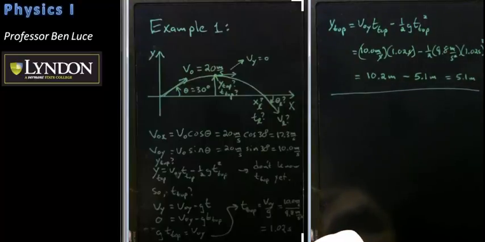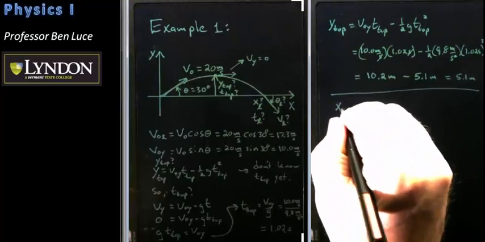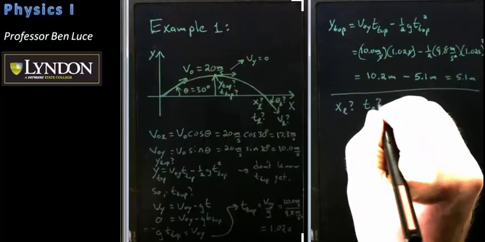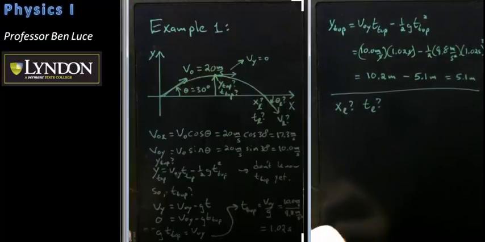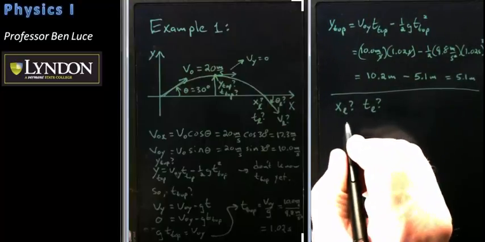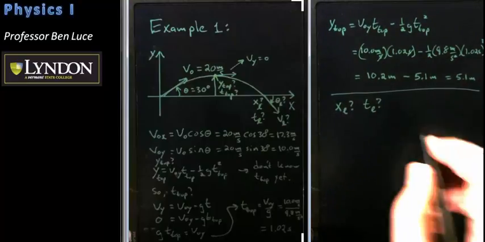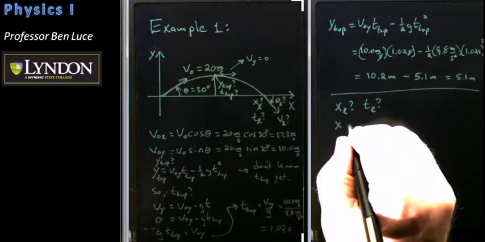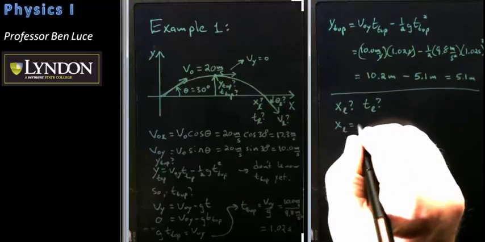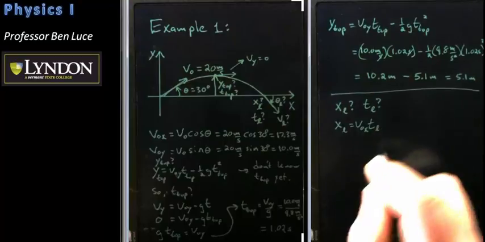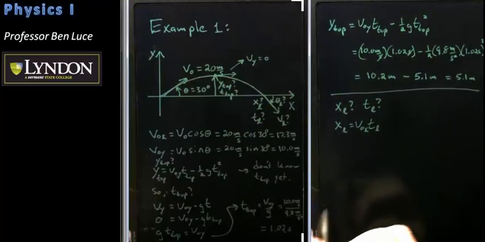Now let's move on and ask what the range was and what was the landing time. Well, when we see x here, we might think, all right, all I need to do is compute x from the x equation. Which would be this expression.